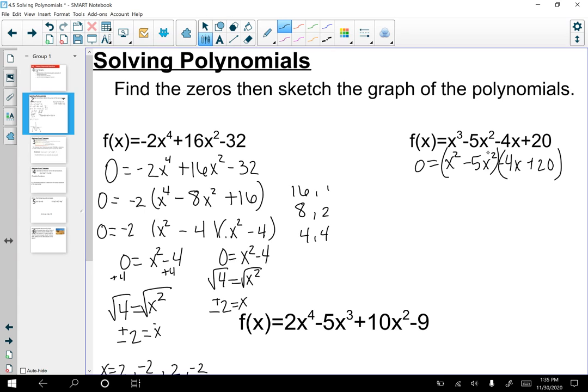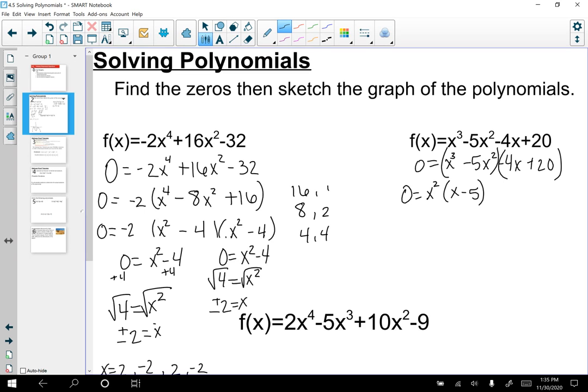Right, so I make those 2 groups. Now I look at my first group. I copied this down wrong. What's in common in my first group? What do both terms have? Well, they both have the x squared. If I pull that out, I'm left with x minus 5.